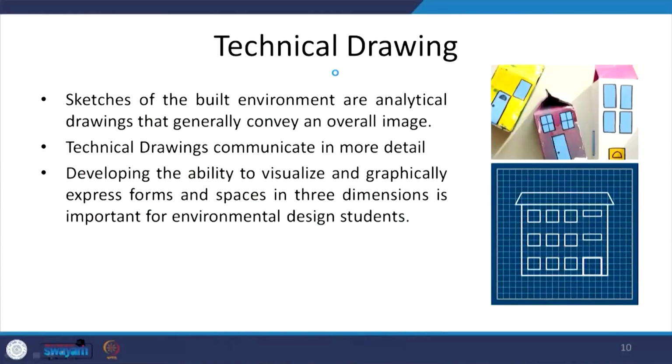So within drawing, when we come to technical drawing, and especially when we are talking about architectural drawing, it is the sketch of a built environment which, along with the analytical drawings, can very clearly convey the overall image of this building, the built environment which is in question, which is in discussion, which is being designed to be constructed tomorrow.